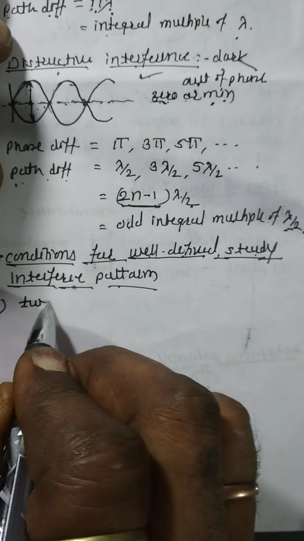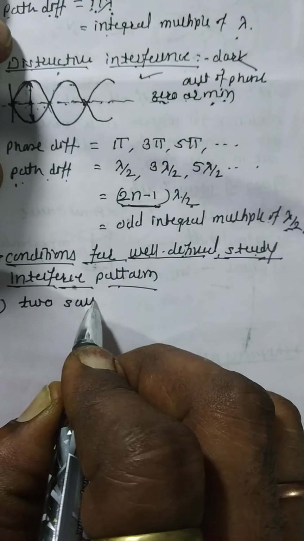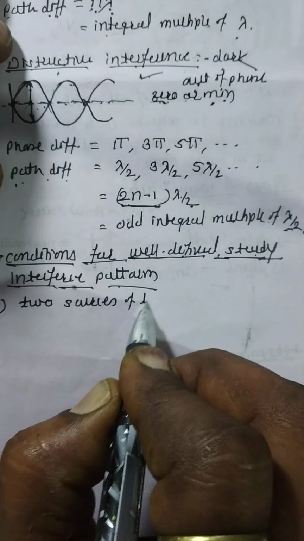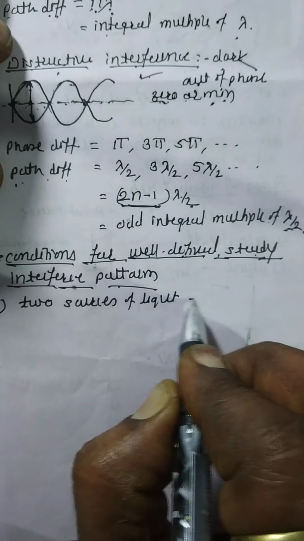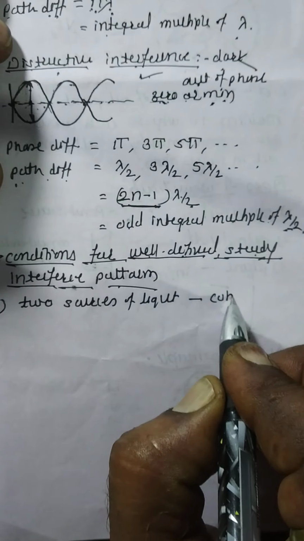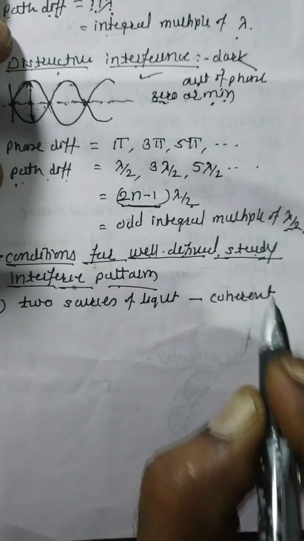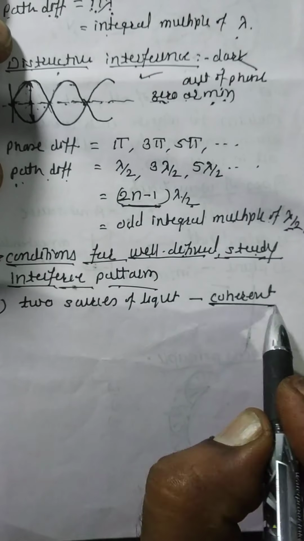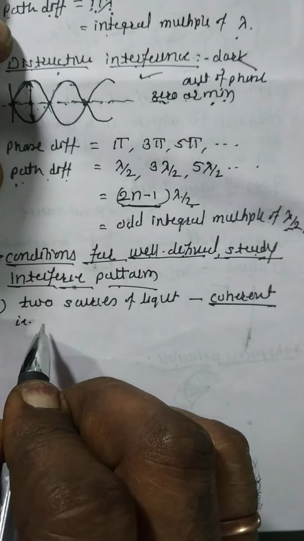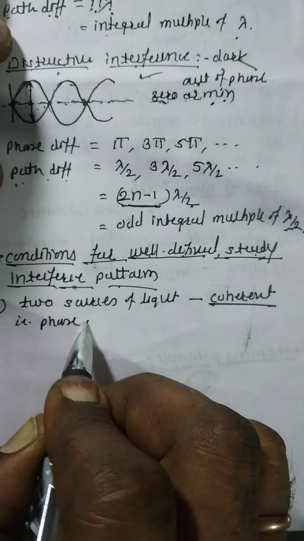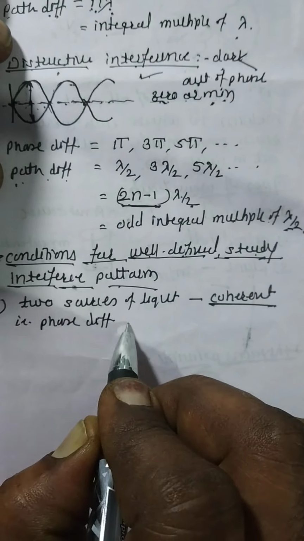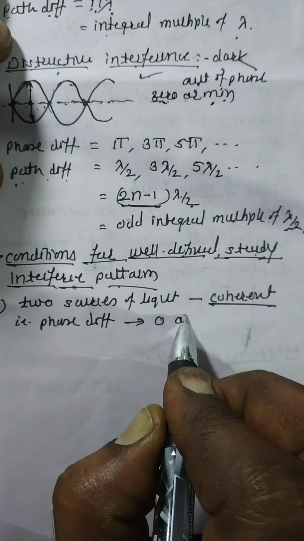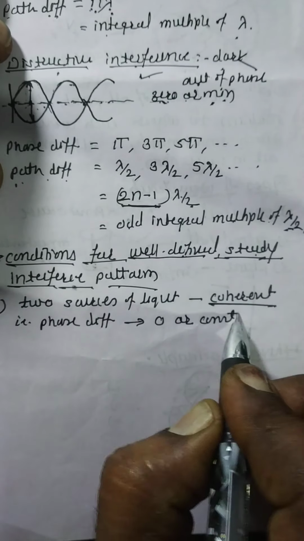First, the two sources of light must be coherent. That is, the phase difference between them is either 0 or constant.